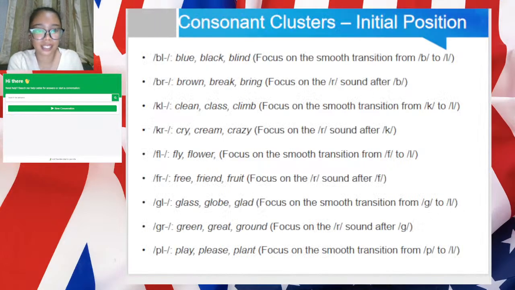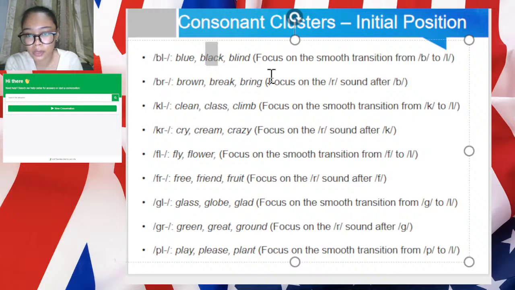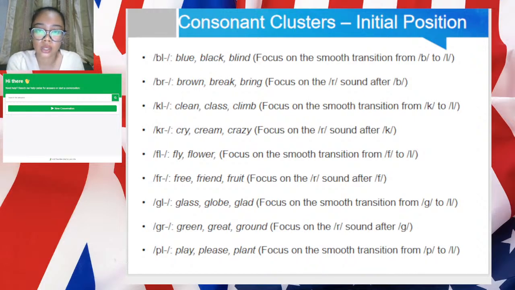I've mentioned that there are many of these combinations. I will not be reading everything, but I will be reading the consonant clusters, maybe some examples, but not diving in deeply, because there are many of them.